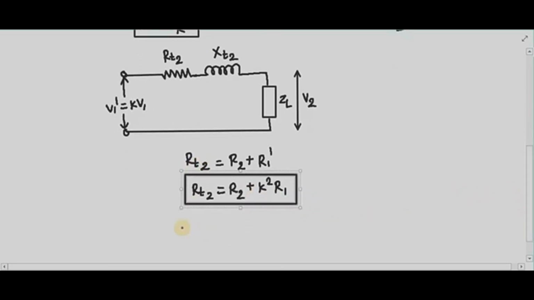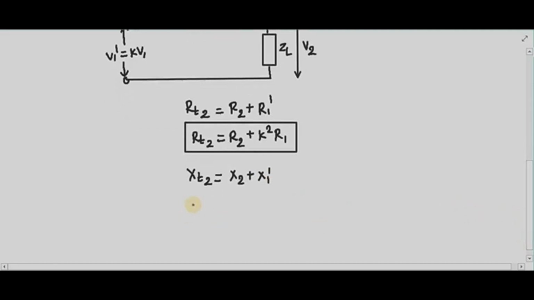Similarly, for reactance, I will write XT2. What is XT2? Total effective reactance referred to the secondary side. So it is nothing but the secondary side reactance plus the primary side reactance referred to the secondary side, means X1 dash. Now what is X1 dash? My XT2 is nothing but X2 plus X1 dash, which is equal to K square X1.